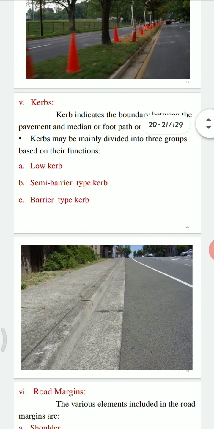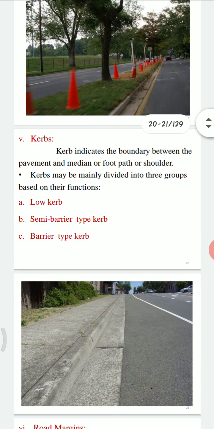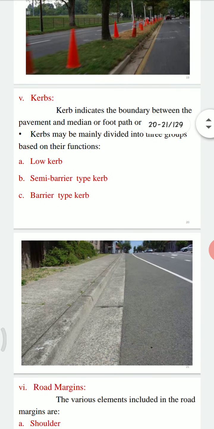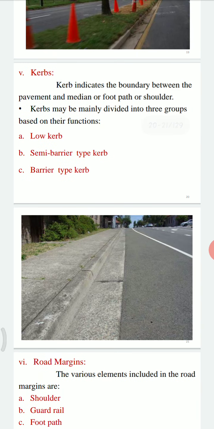Then another one is the curb. A curb is the boundary between the pavement and the median, footpath or shoulder, and it may be a raised curb. This means some division of the pavement from the median, footpath or shoulder.